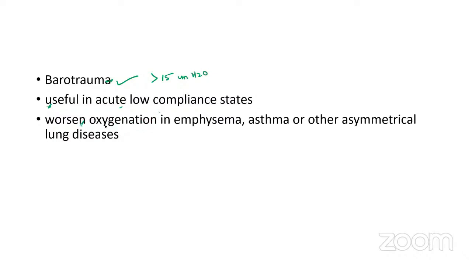But at the same time, it may have some deleterious effect in patients with emphysema, asthma, or other asymmetrical conditions because it can open up those alveoli which are already open too much, while the other alveoli are left behind, and asymmetrical expansion happens and can again result in barotrauma.